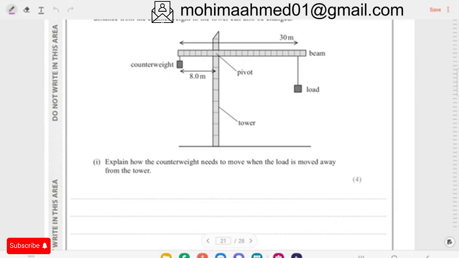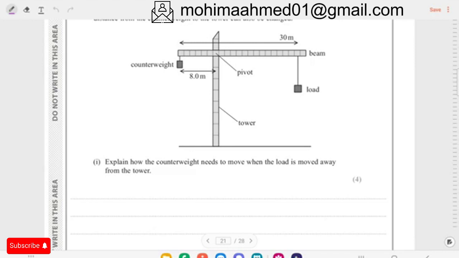So if you are moving the load away from the tower, you're increasing the distance between the load and the tower. As moment is force times distance, if distance increases, the overall clockwise moment will increase. So in that case, the anti-clockwise moment should also be increased.